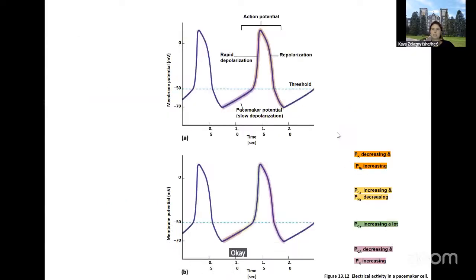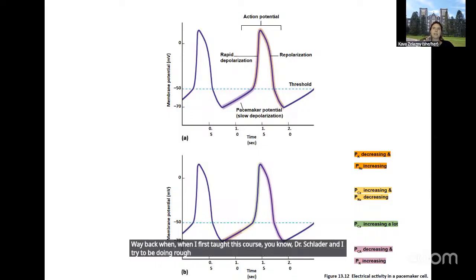Okay, so let's take a look at the figure. And for the slides in this slide deck, I do want to make sure that you pay attention to the label of what specifically of what type of cell we're looking at. I'm telling you that because way back when I first taught this course, Dr. Schlater and I tried to be doing roughly the same thing, in parallel. So when I first got these slides, I didn't notice that.